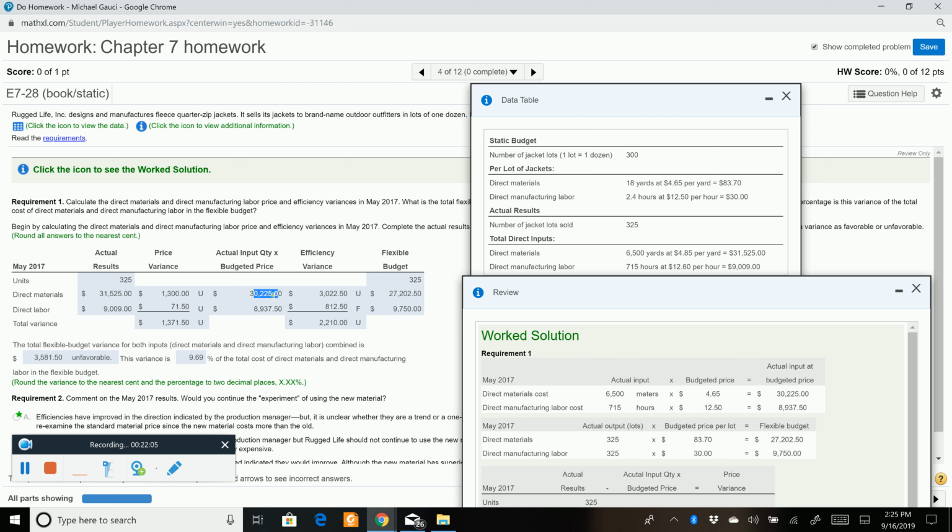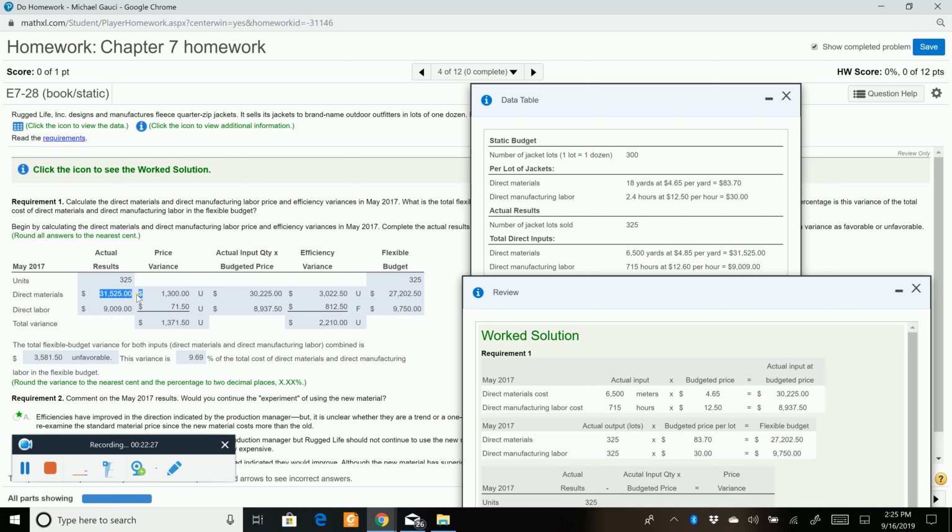So once again, we took our actual input, or our actual quantity, from column 1, and we took our price from column 3. So when you compare column 1 to this middle column, the actual quantity is the same. The difference is in the price. That's why this is called a price variance.